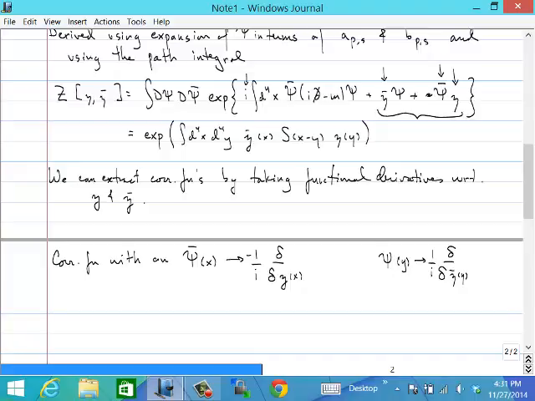And this has to be acted on by the free generating function. And what is that free generating function? Well, it's exactly this thing along with an analogous term, eta bar of x, eta of y, plus an analogous term involving the scalar propagator.